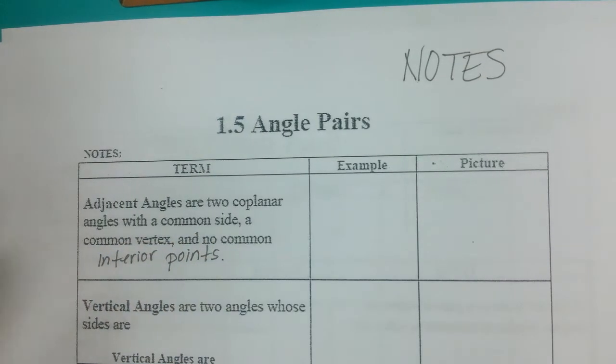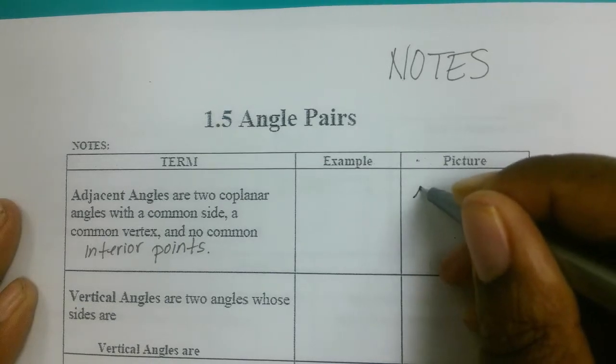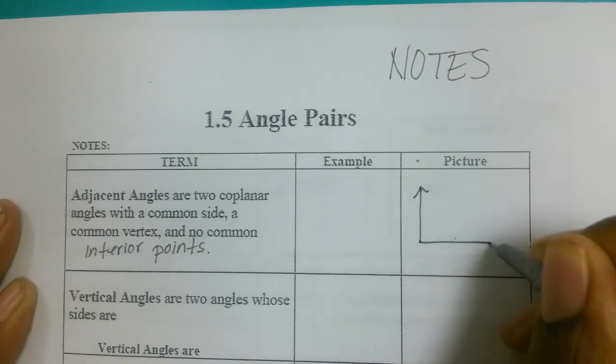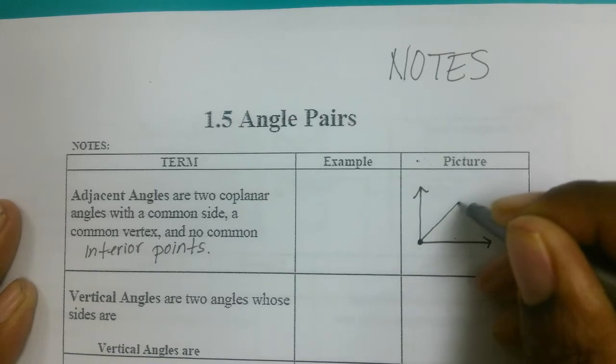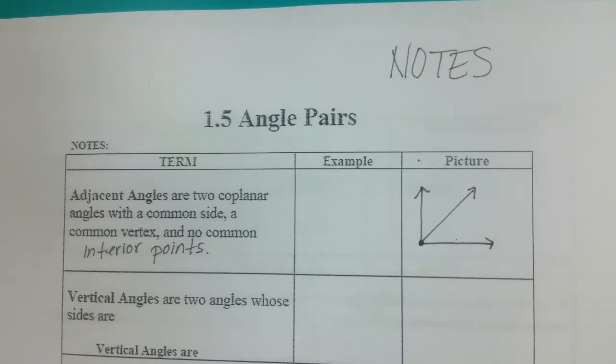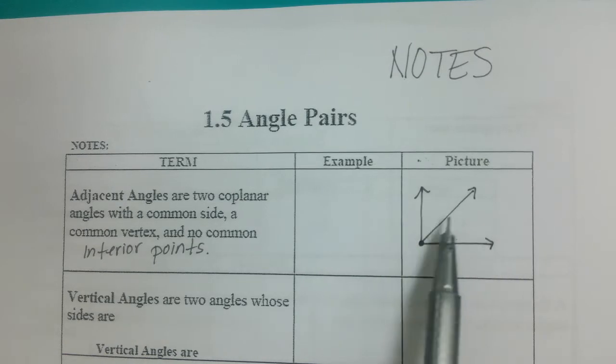Well, that's a lot of words. Basically, adjacent means next to, so adjacent angles are just angles that are next to each other. If I draw two rays that intersect, and then I put another ray in between them, these make adjacent angles.